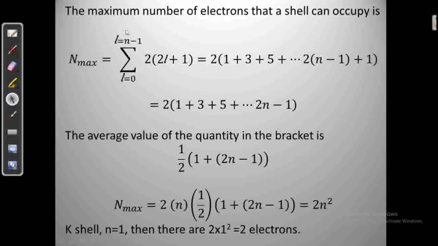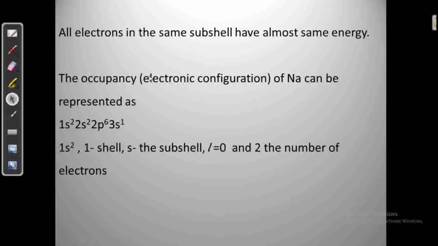In the next case, the maximum number of electrons that a shell can occupy can be obtained, because in each shell there are a number of subshells. For n equal to 2, L will be 0 and 1, that is there will be an S subshell and a P subshell.